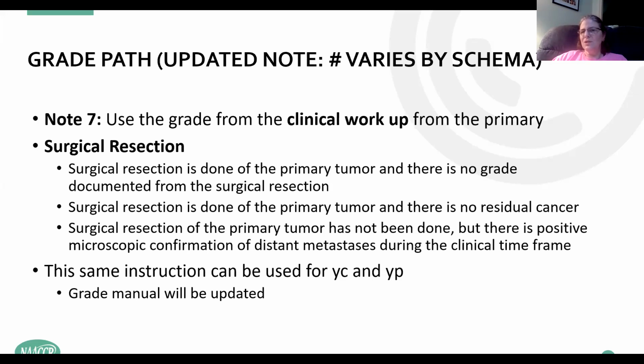In that case, you could use the clinical grade in the path grade field, just as you could use the clinical stage in the path stage field. That's following AJCC guidelines. Once again, you can apply the same thing to YC and YP.